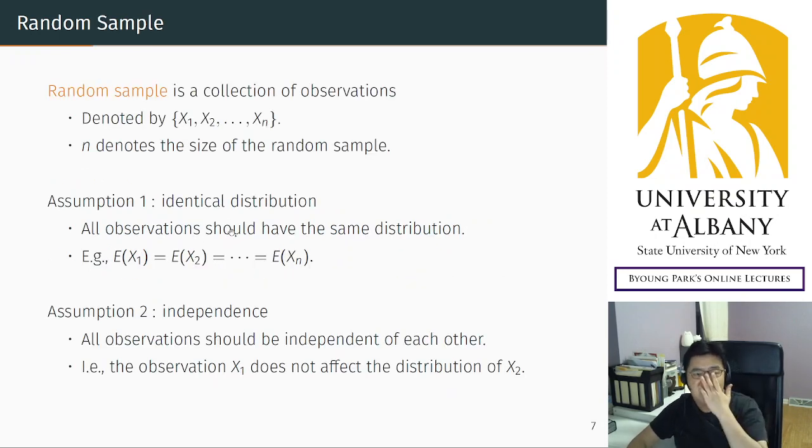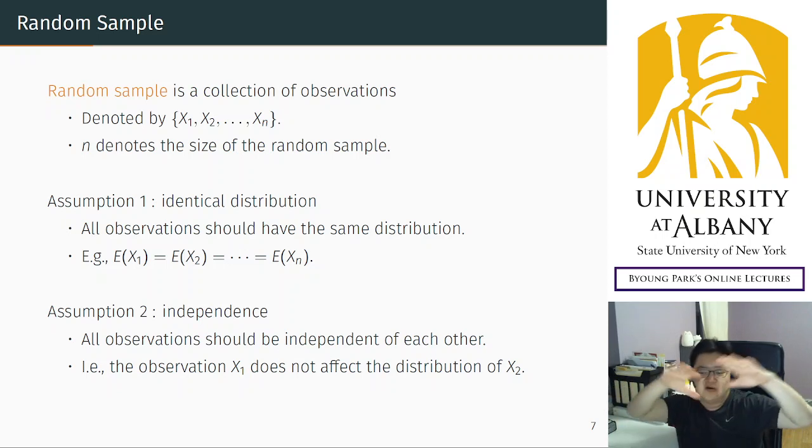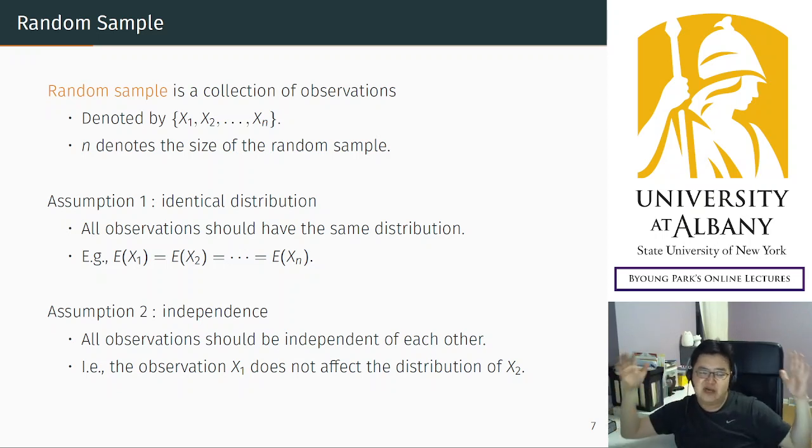To begin, the experiment we consider here is random sampling. A survey is just one example of random sampling. In statistics, we call this kind of experiment random sampling. It means you are collecting a number of observations, and it can be a lot, but anyhow, there are n.